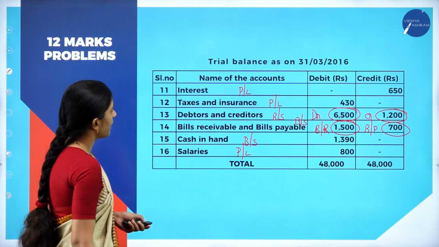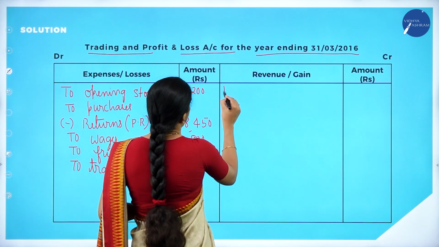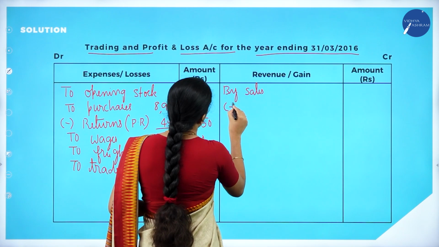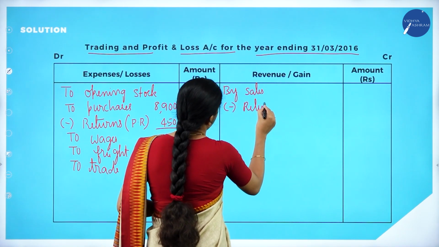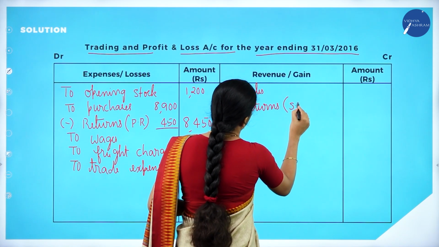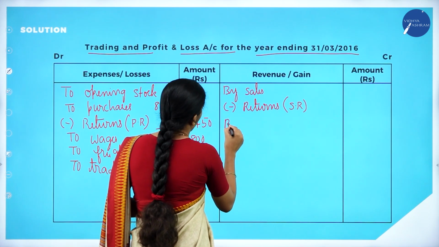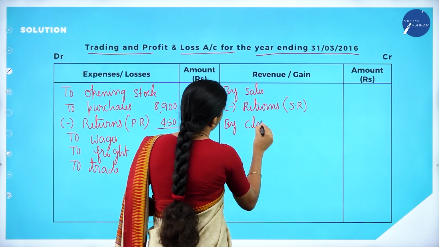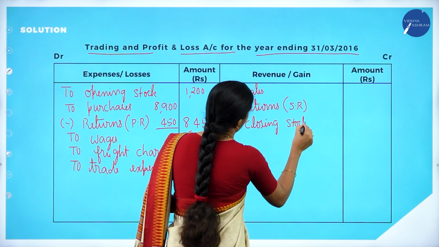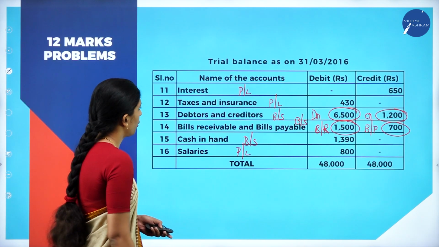Now coming to your credit side, we have by sales minus returns, that is sales return, the amount in the debit side. So this is sales return. Then by closing stock. So sales amount, let us see how much it is.